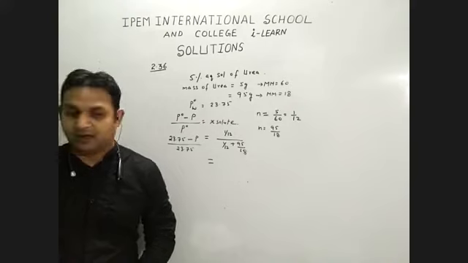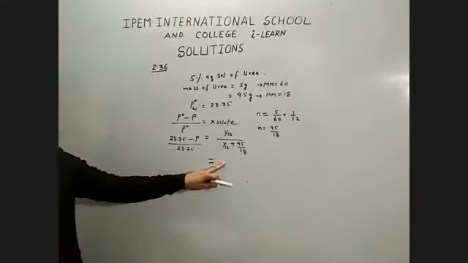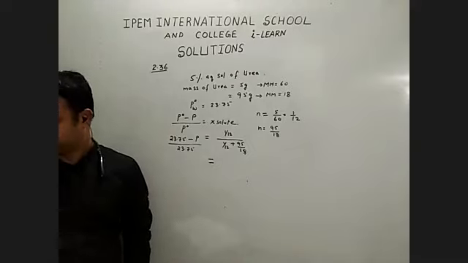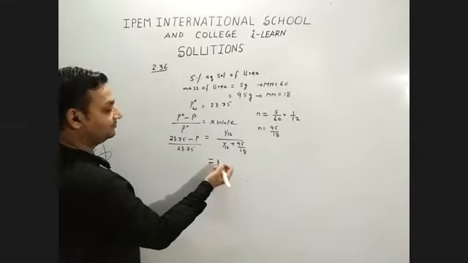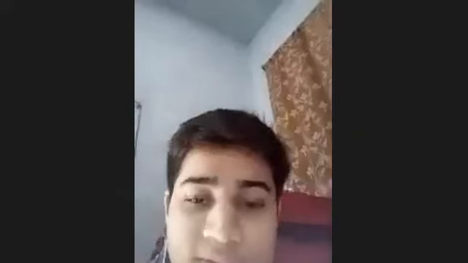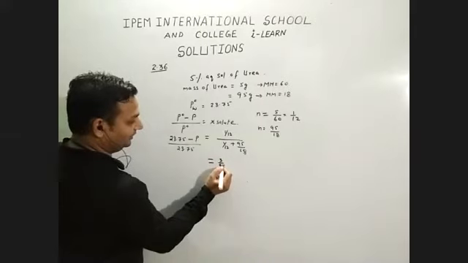Yes, Zaki, how much is it coming? Hurry up fast. Yes, sir, doing. It's becoming 3 upon 98, still in the fraction form, 3 upon 98.